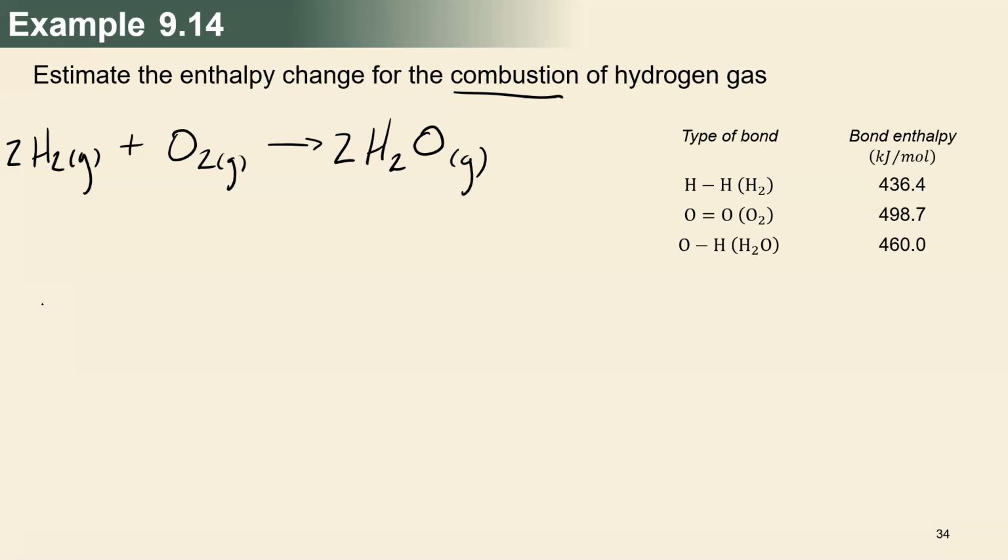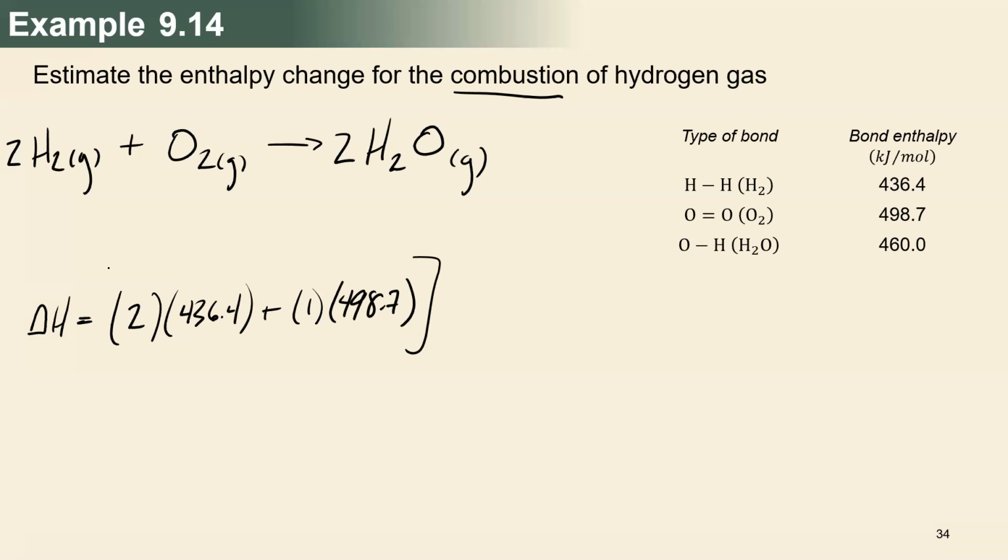All right. So hopefully you have delta H is equal to 2 times, oh, sorry, 436.4 plus 1 times 498.7 minus, how many moles of OH bonds do we have?